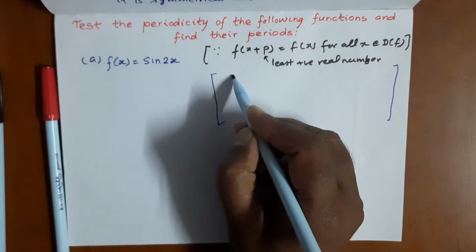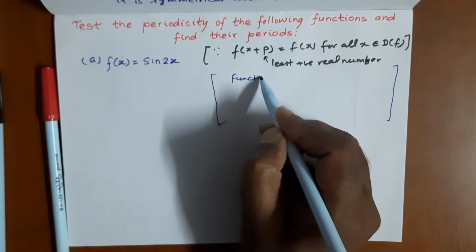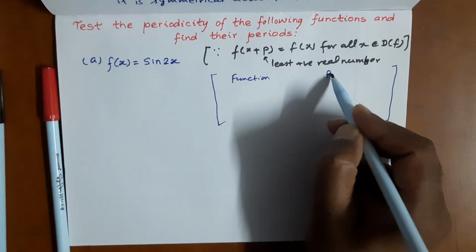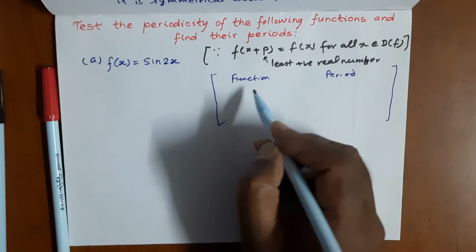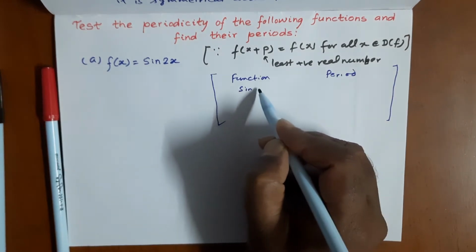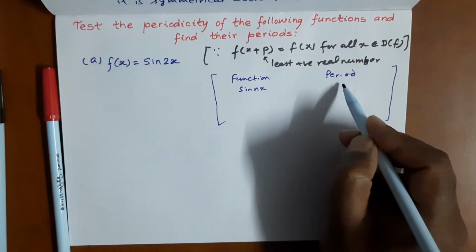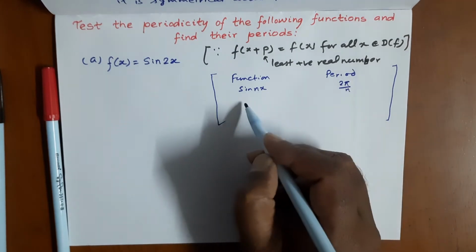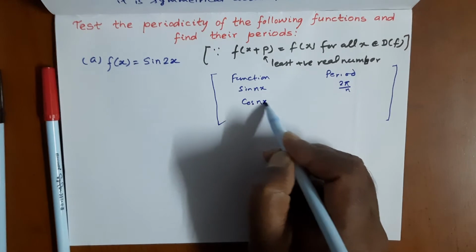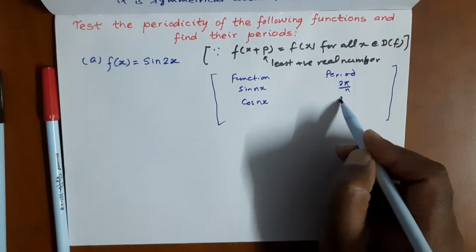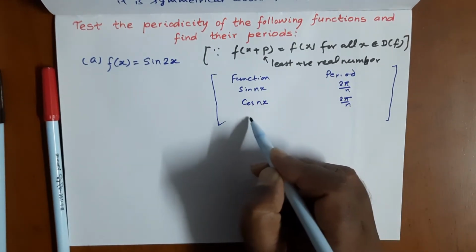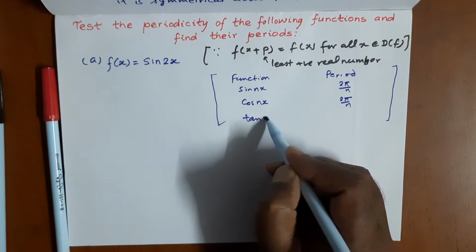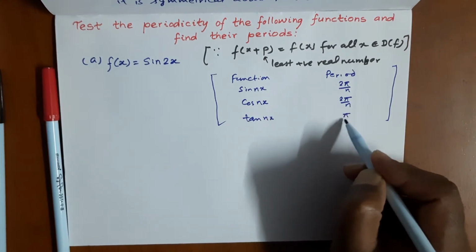So functions and their periods. Sine nx has period 2 pi over n, cos nx has period 2 pi over n, tan nx has period pi over n.